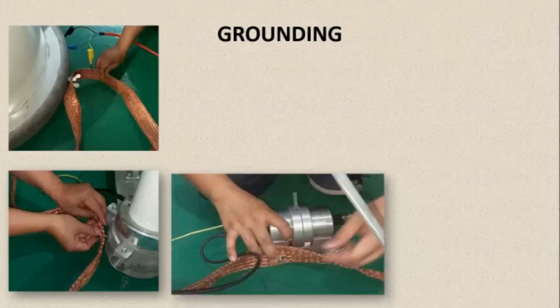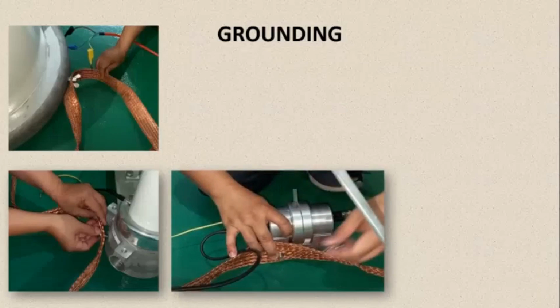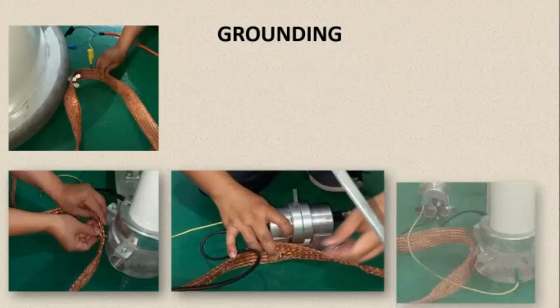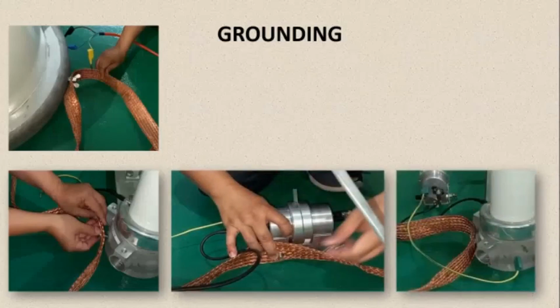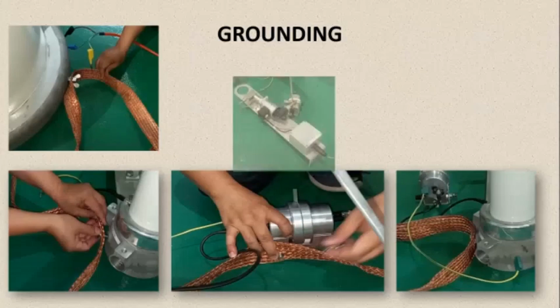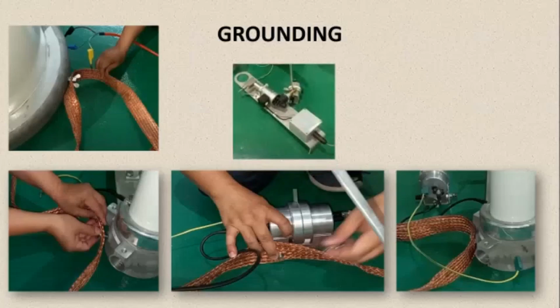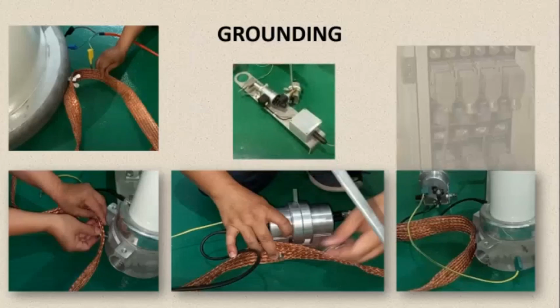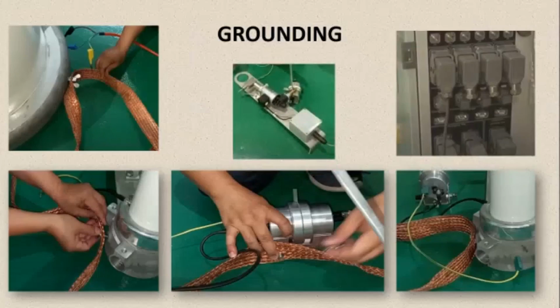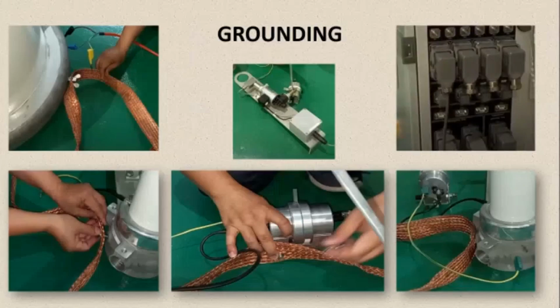The third one is the ground for the secondary capacitor, and the next one is the ground from the secondary capacitor to the capacitor, and the upper picture is the connection of earthing from the earthing switch to the regulating transformer.